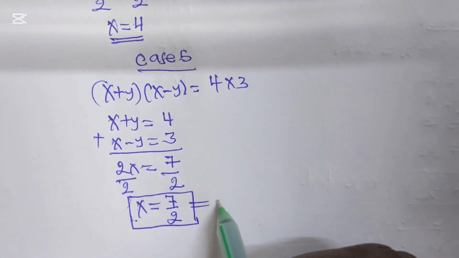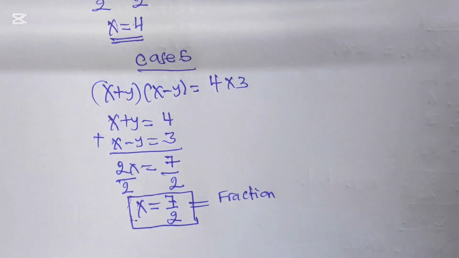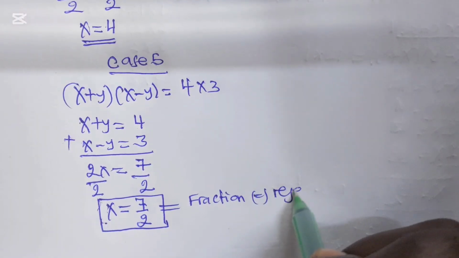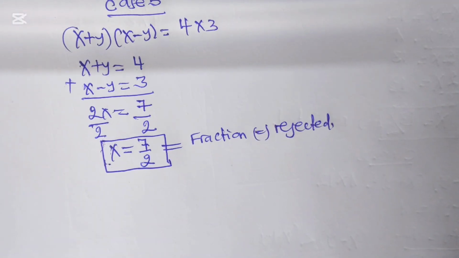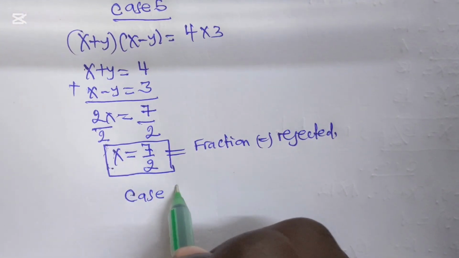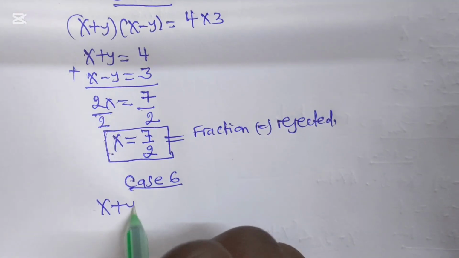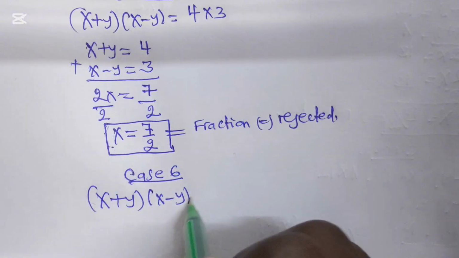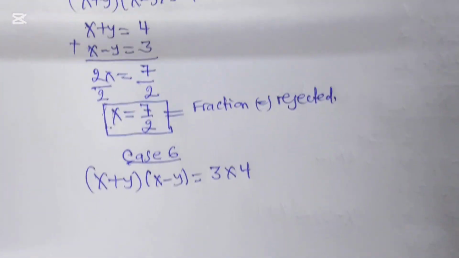This is a fraction, so it is rejected. We move to case 6, where x plus y times x minus y equals 3 times 4.